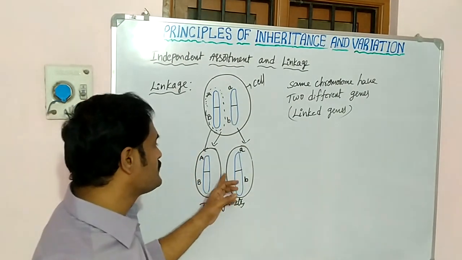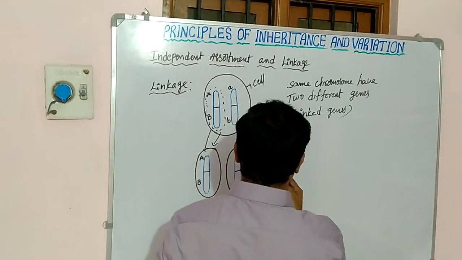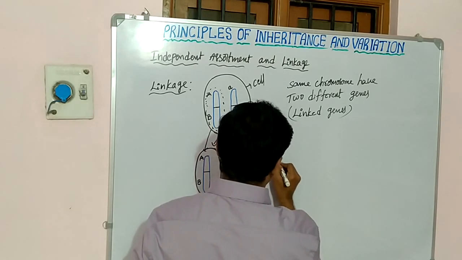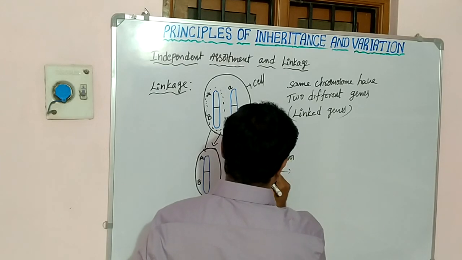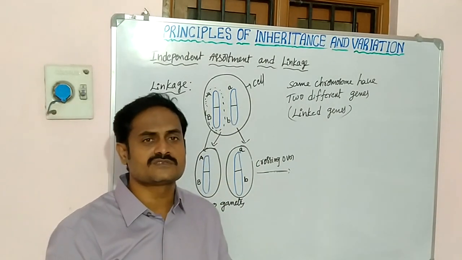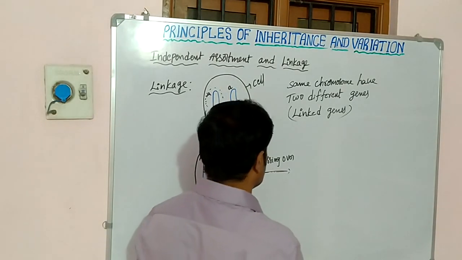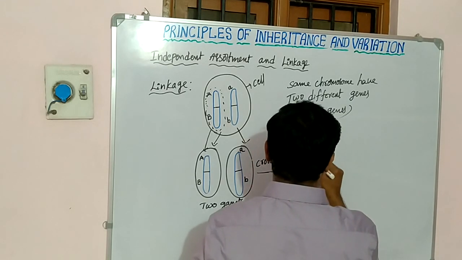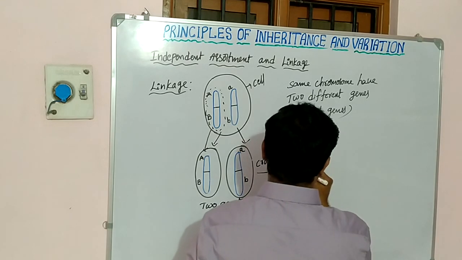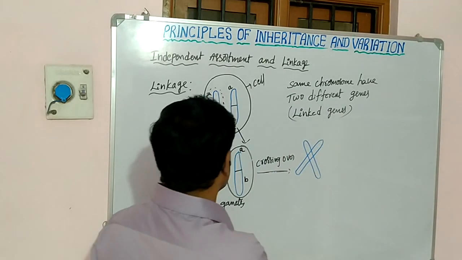Then one important process occurs here: crossing over. What is that? Both chromosomes cross each other like this. Suppose this is one chromosome and this is the other.